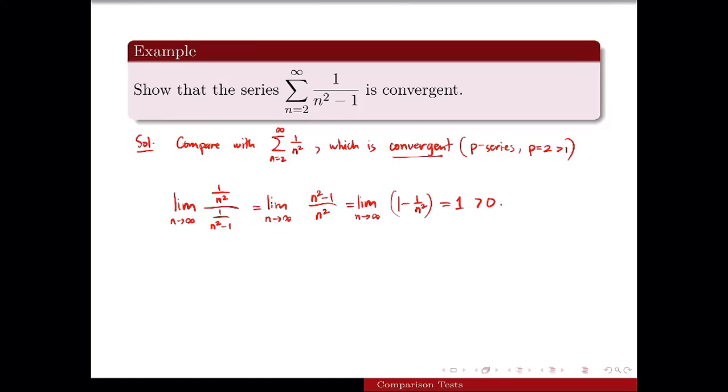So the limit is a positive constant. And since this guy here is convergent, the series we are studying is also convergent. So, by limit comparison test, the series 1 over n squared minus 1 from 2 to plus infinity is also convergent. And that's it.